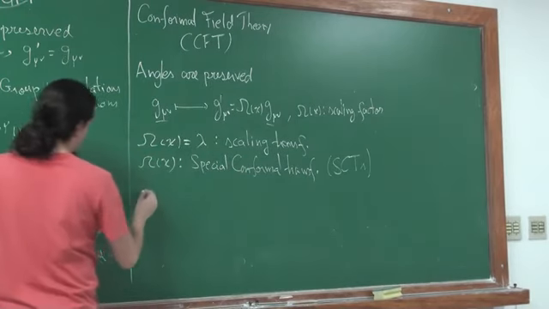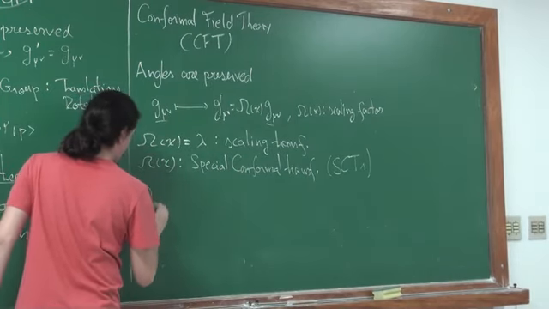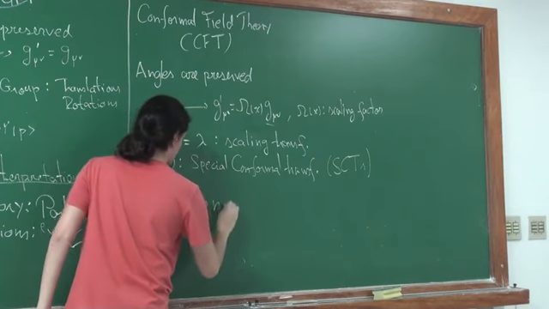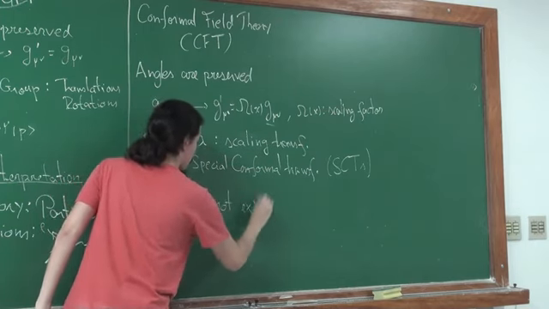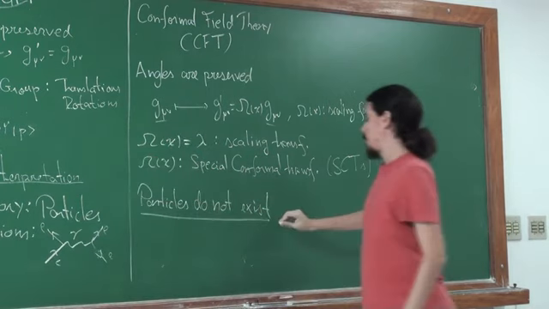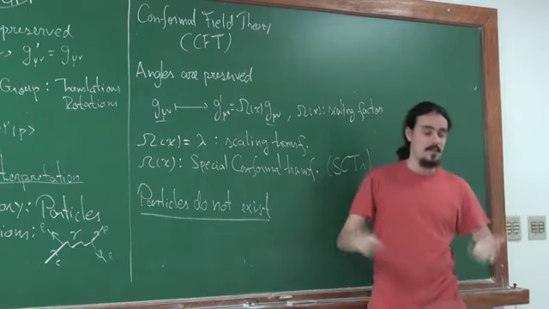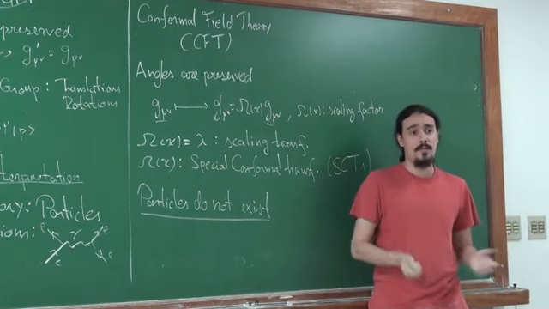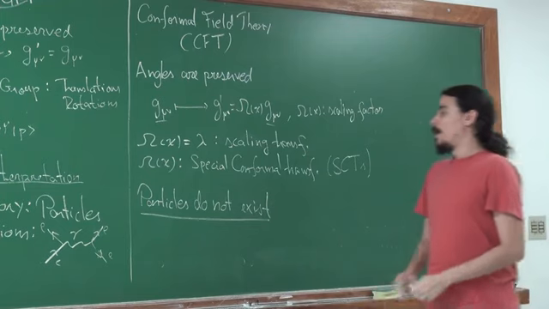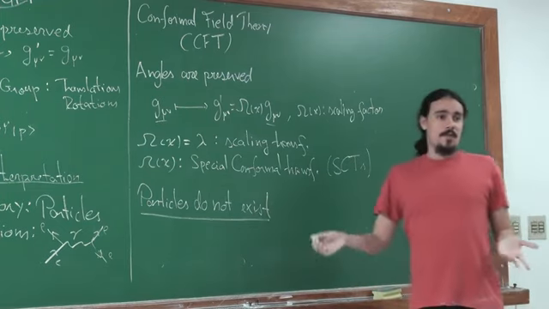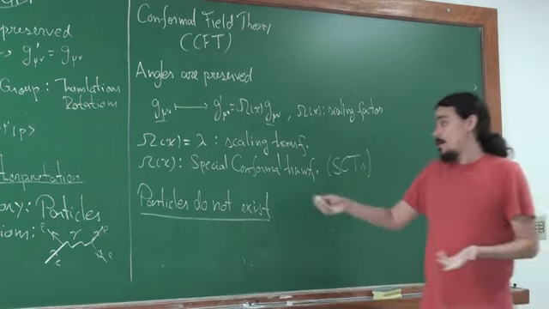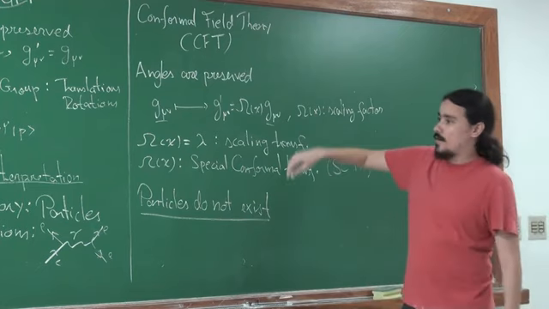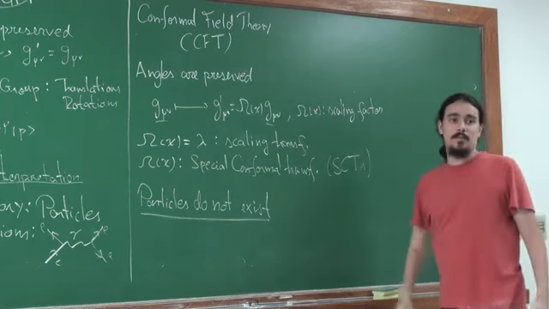We will learn that in conformal field theory, particles do not exist. Why? What is a particle? Conceptually, it is a localized lump of momentum, energy, spin or whatever. And if a particle exists, then you surely break conformal invariance, or at least you break scaling invariance. At the very least, this wouldn't work if you try to build a scaling field theory inside the conformal field theory.